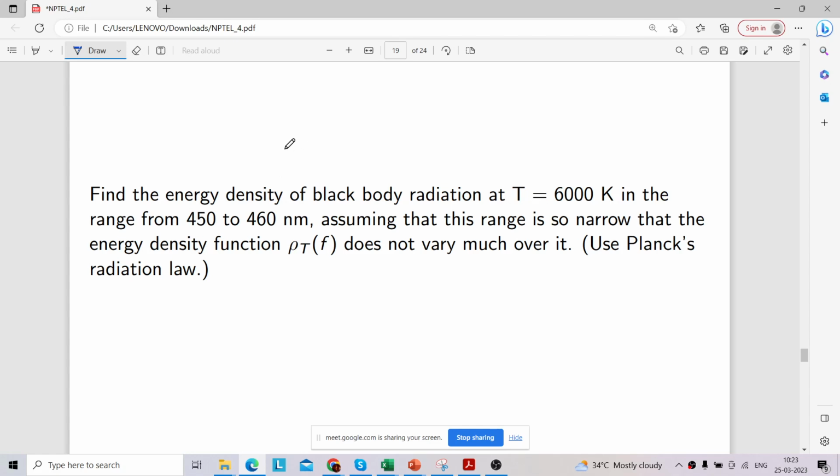So we have a black body. You can assume it as a hollow blob with a little tiny hole in it. Whatever goes inside is trapped inside this blob, because we are assuming the inner wall to be very reflective, so it won't be absorbed.